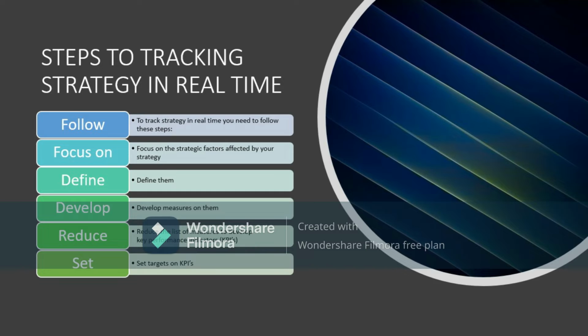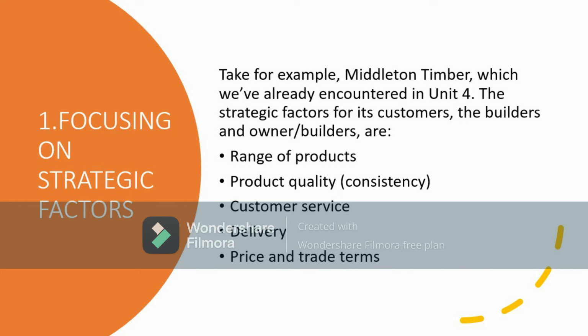This may be because not all of them have been impacted by your strategy. Take for example our good company Middleton Timber, which you already encountered in Unit 4. The strategic factors for its customers, the builders and owner builders are range of products, product quality, customer service, delivery, price and trade terms.